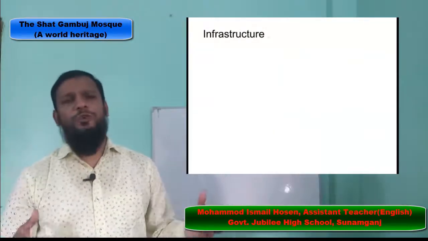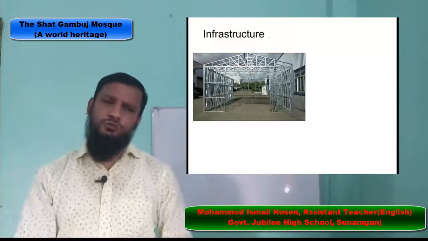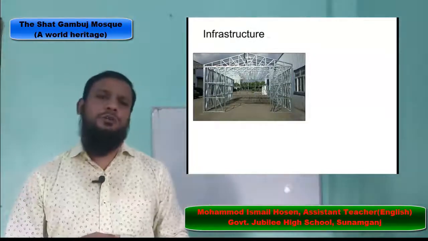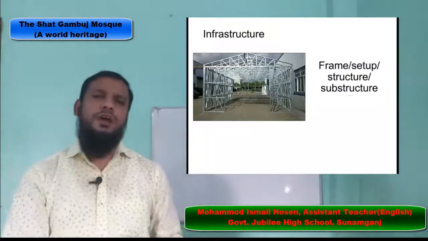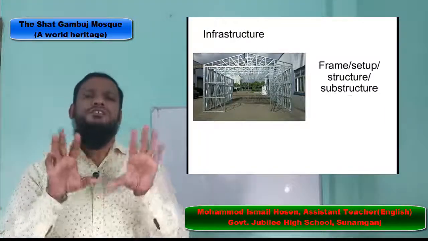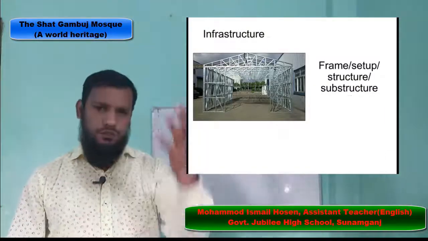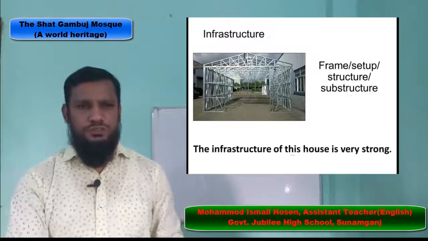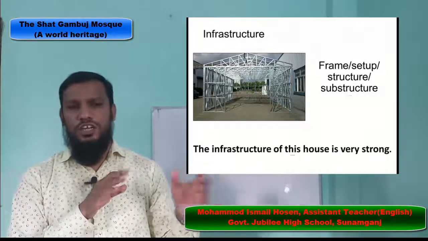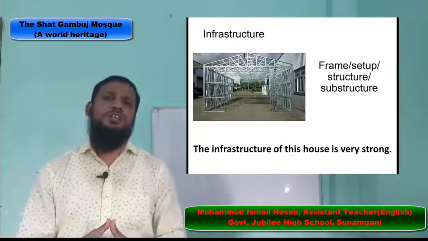Another word is infrastructure. What do you mean by infrastructure? You can see a picture of infrastructure, and it means frame, setup, structure, or substructure. The infrastructure of this house is very strong.